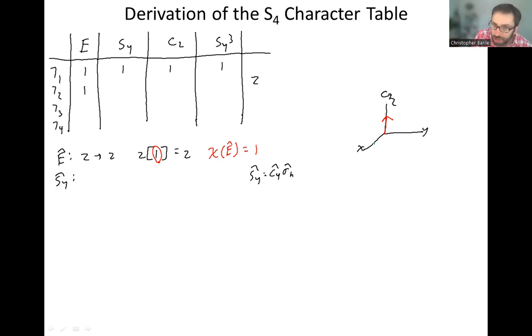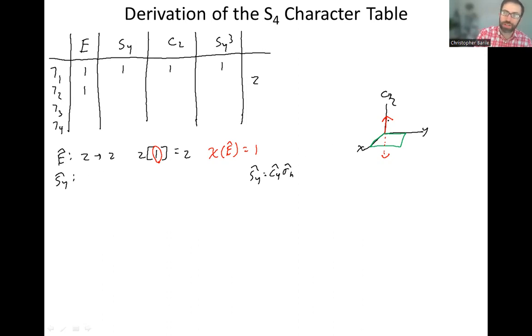However, when we do a sigma H, remember sigma H is perpendicular to our principal rotation axis. So it's going to be in the XY plane. Now that red arrow, that Z vector, is on top of that plane, so it's going to see itself in the bottom of the plane, and that mirror plane, therefore, is taking Z to negative Z. So the C4 component did nothing.